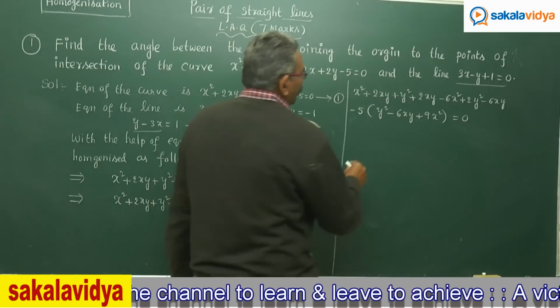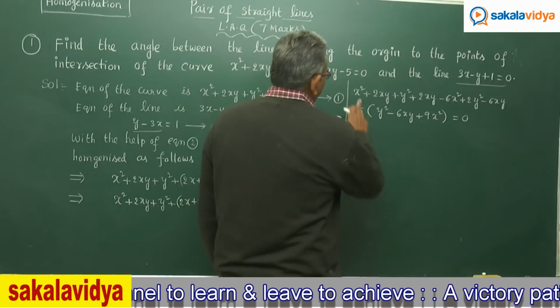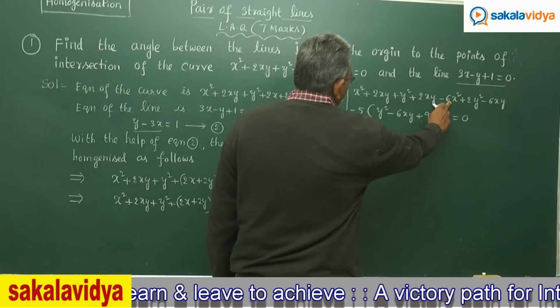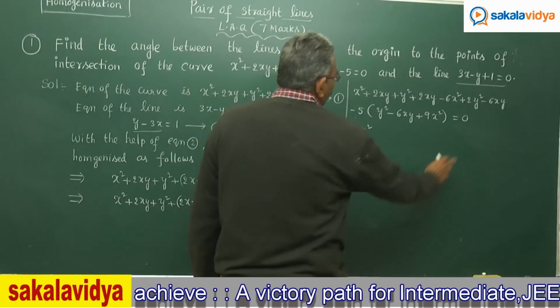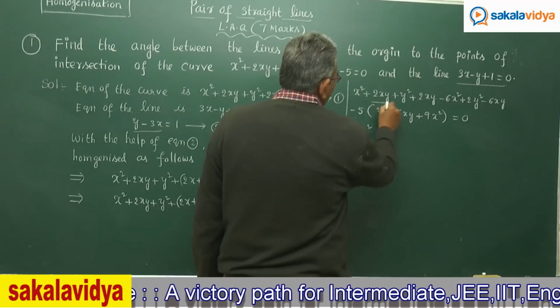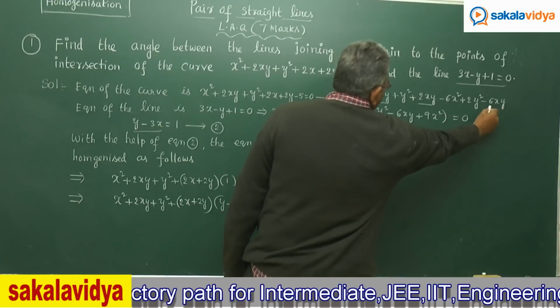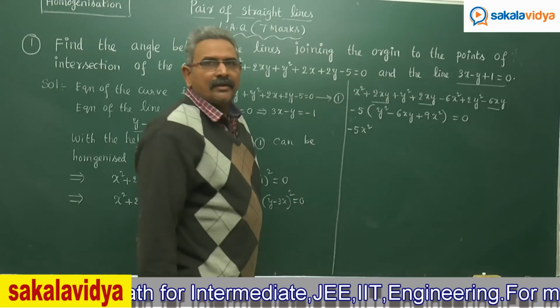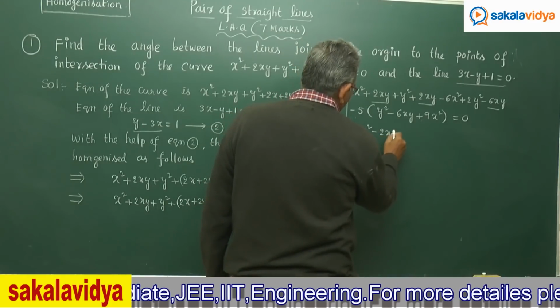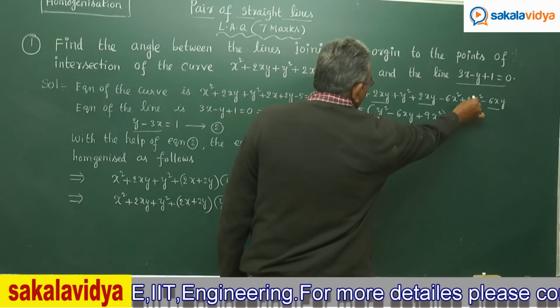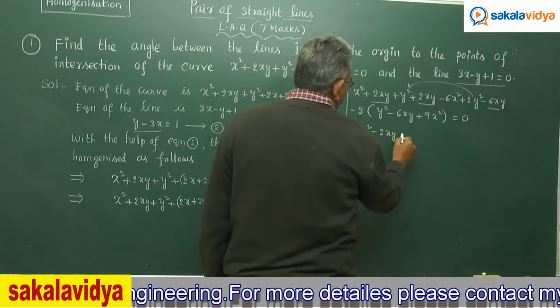Now, we can write x square minus 6x square minus 5x square, 2xy plus 2xy is 4xy and minus 6xy, that is minus 2xy, and next 2y square plus y square, that is 3y square.